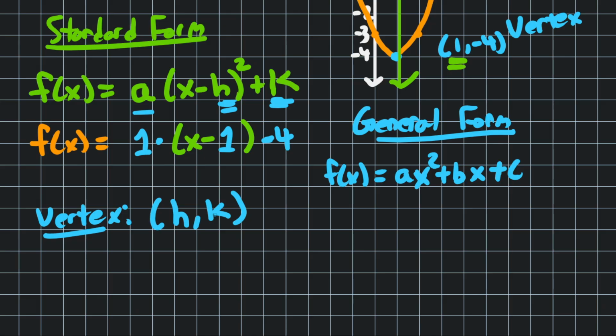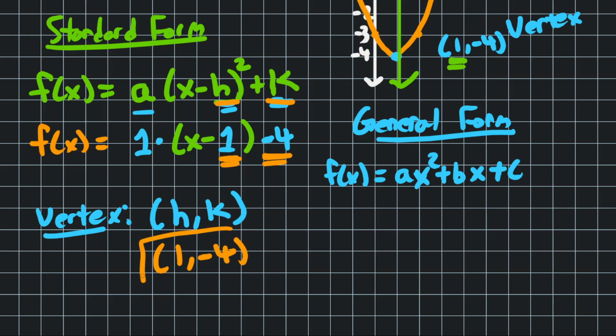So when a quadratic function is in standard form, we can tell right away what the vertex is, because h and k are right here. What is h and what is k? Well, h is 1. So our vertex is 1 comma, and then k is -4.